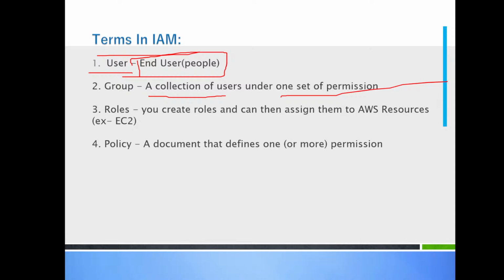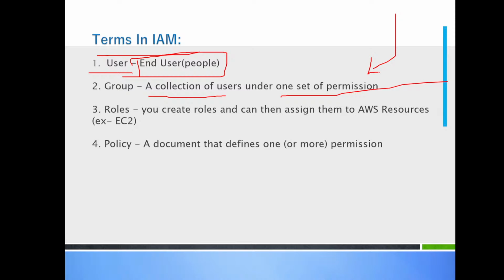Again, right now you can say that you are living in Maharashtra. So there is a separate policy for Maharashtrian people, people living in Maharashtra. If you are in that particular group or segment, then that policy will be applied to you. You may have some individual user permission, but there is also a group permission.